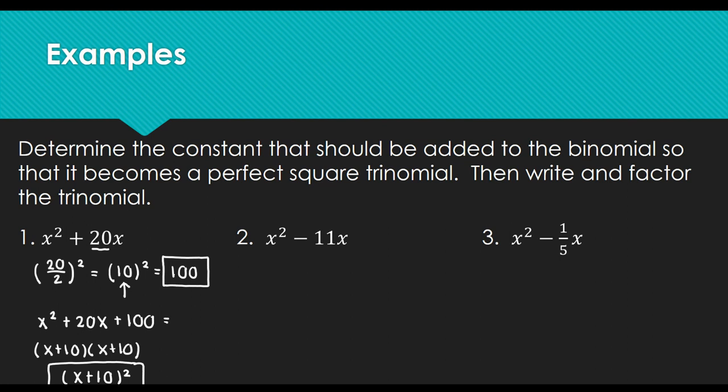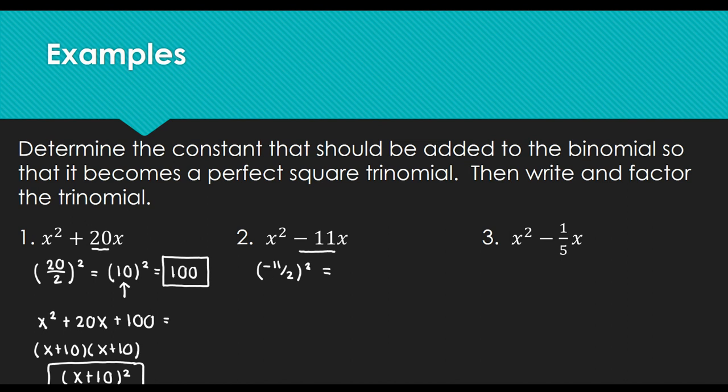In the second example, notice that the number that is attached to the non-squared term is negative 11. So to do our process, I'm going to take negative 11, divide it by 2, and square it. Now, in this case, negative 11 divided by 2 is not going to be a nice whole number. So I'm just going to leave my answer in terms of a fraction.